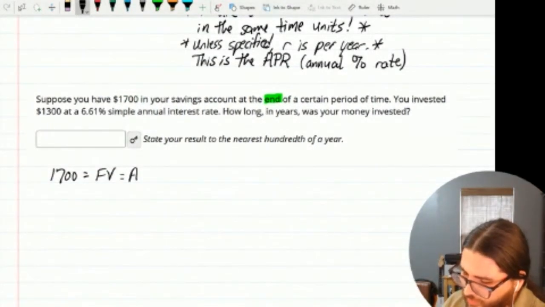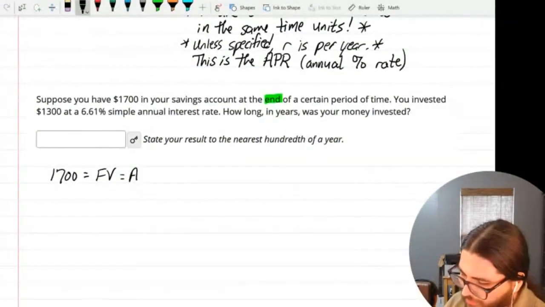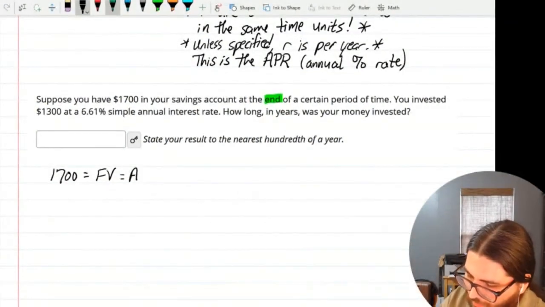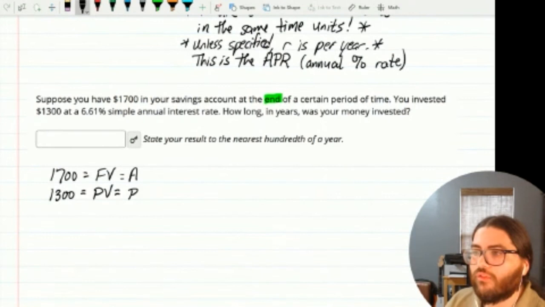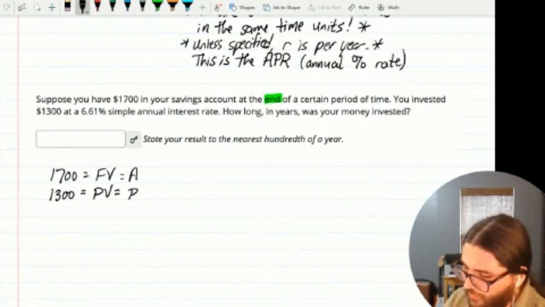You invested $1,300 at 6.61% simple annual interest rate. Okay, so that tells me I started with $1,300. That's the present value, the P for my simple interest formula.